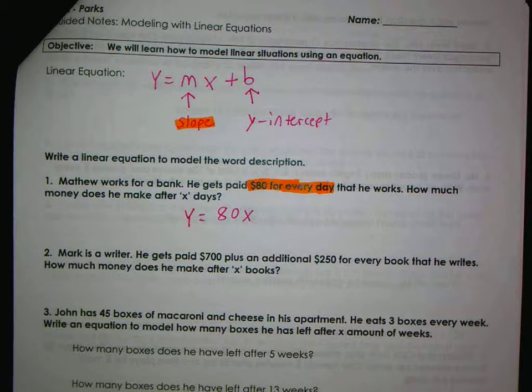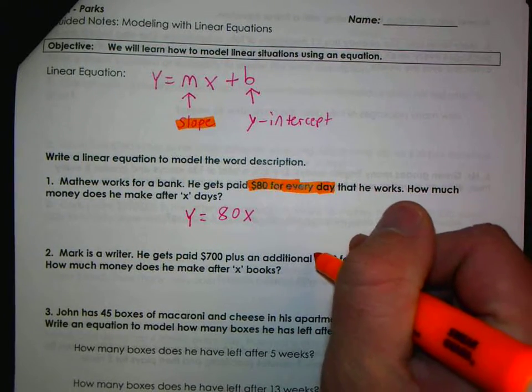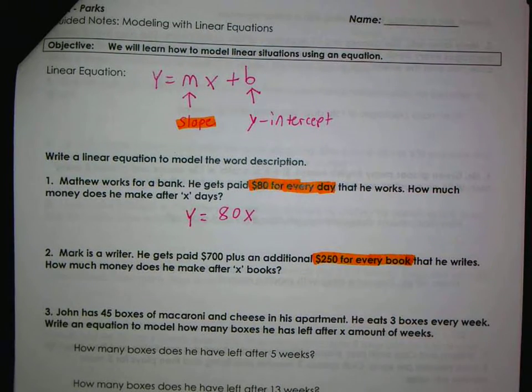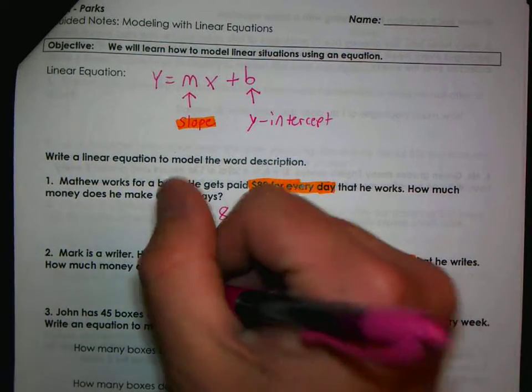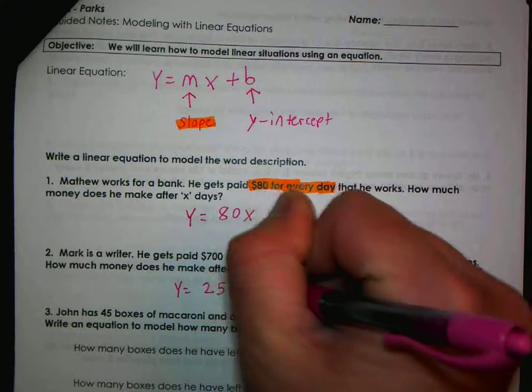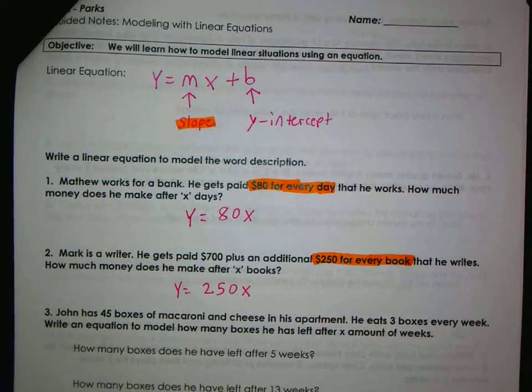Mark is a writer. He gets paid $700 plus an additional $250 for every book. $250 per book, that would be my slope. And it says to make our variable x. That's why I chose x.